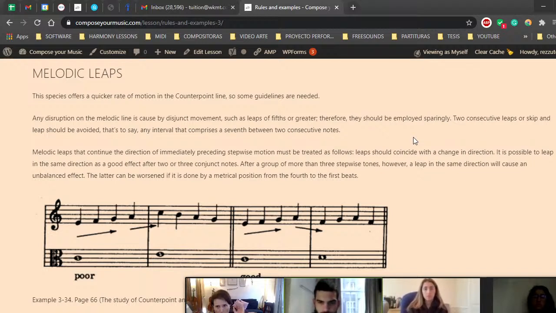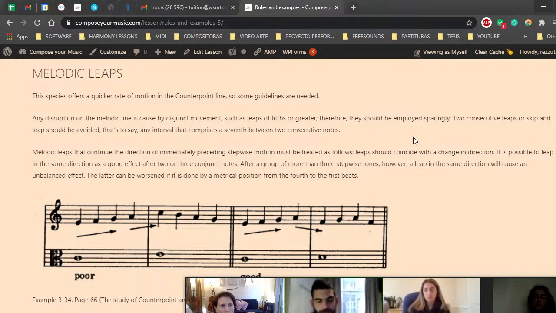Because of the quicker rate of motion, we're not moving in minims anymore. It's 4 notes against 1. The leaps of intervals greater than fifths, please use it wisely. Don't start to go on 6ths and 5ths and 4ths, because that is not advisable, really.